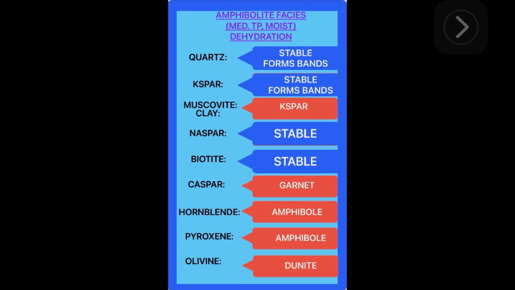Pyroxene gets hydrated, turns into hornblende. Olivine can also get hydrated to form serpentine, and you'll notice I put dunite up there. That's a mistake, but it's a big hard graphic to remake over again, so I hope you guys will excuse that boo-boo.